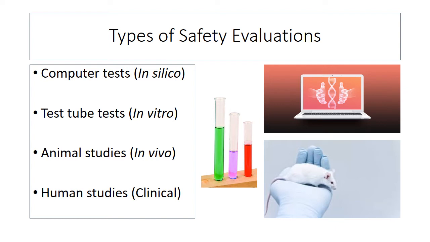So the type of safety evaluations which are commonly used are in silico studies, or computer tests, that's what I'll just call them, test tube studies or in vitro studies, in vivo studies, as well as clinical studies. And we'll just quickly go through these.